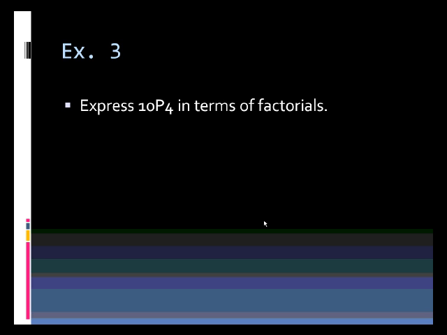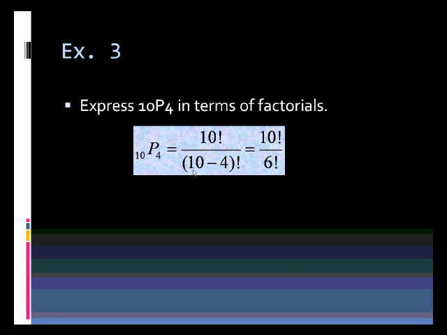So what's going to go on top? 10 factorial. And what's going to go on bottom? How do we get 6 factorial? 10 minus 4 factorial. Now, go ahead and evaluate this. Go ahead and find this value for me.